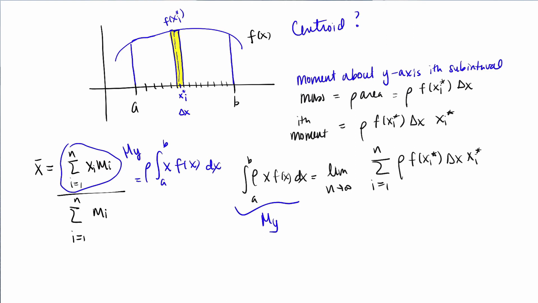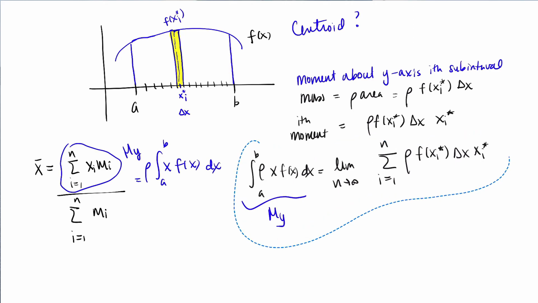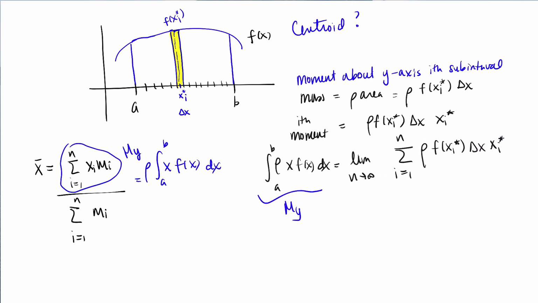And then if you notice, the bottom here, the sum of the masses, is just the area, right? So one more time, if we have here the sum of the masses, then here we go.